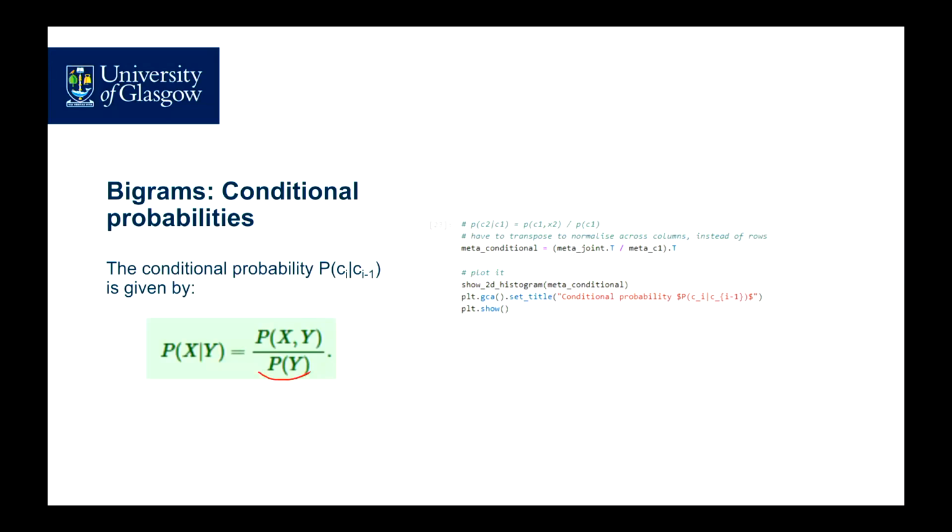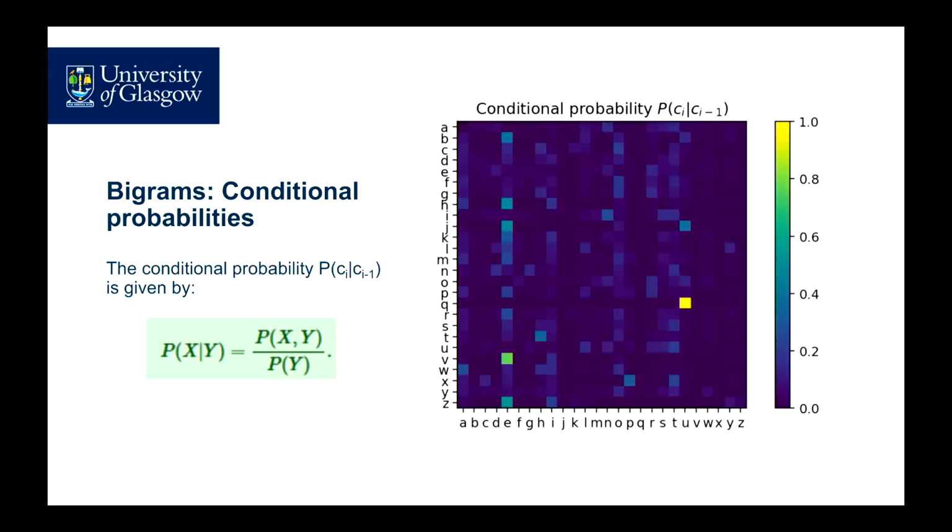Again, there is nothing particularly tricky there. If you look at the code, we're doing exactly what's in the equation. And then we obtain a new matrix that is the conditional probability of a letter given what the previous one was. The patterns we see here are quite different from what we had for the joint one.